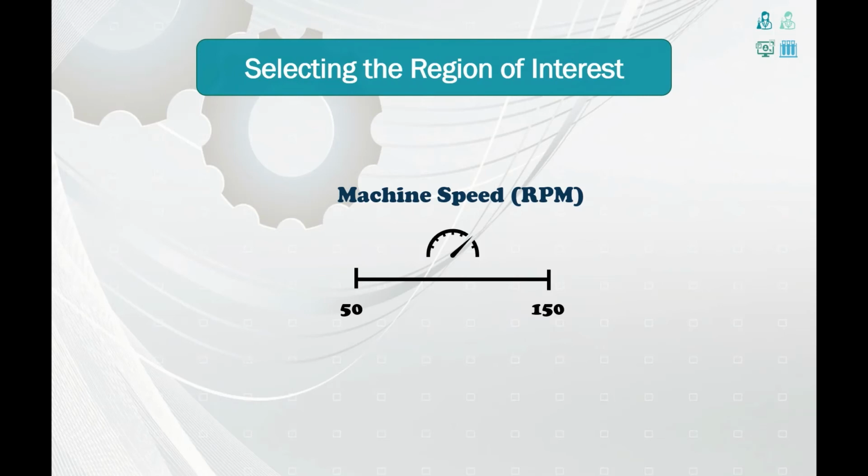However, the experimenter knows that setting the speed to be anything less than 75 revolutions per minute will result in an unacceptably low production rate. Also, setting the speed to be anything greater than 125 RPM will degrade other product characteristics. Therefore, the experimenter decides to limit his interest in the range of speeds between 75 and 125 RPM.